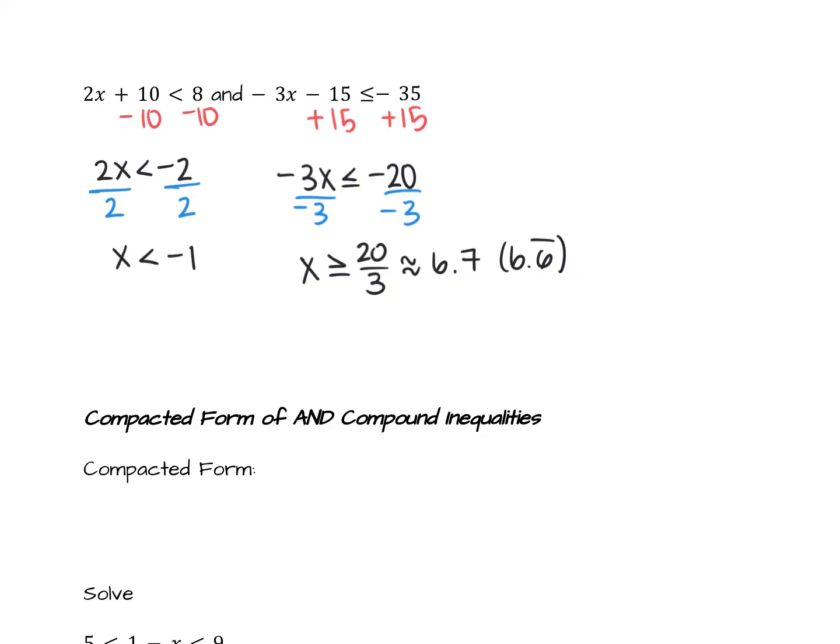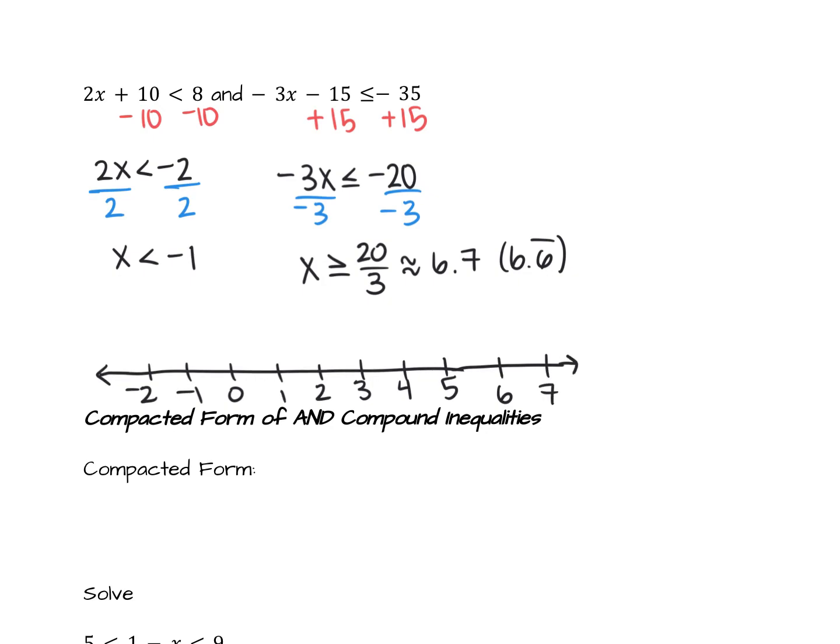look at the decimal. All right, so for my number line, I'm going to go negative 2 and then I'm going to go all the way up to 7. All right, so everything less than negative 1.